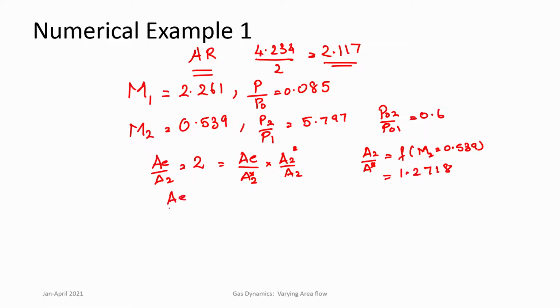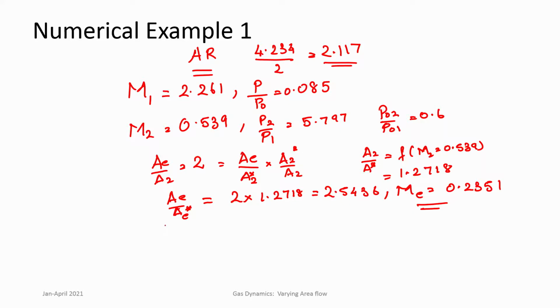So AE by AE star, which is also equal to A2 star, is now 2 multiplied by 1.2718, which is 2.5436, and for this the subsonic Mach number at exit will be 0.2351. So this is how we can calculate the exit Mach number when there is a shock sitting in the divergent portion of the convergent divergent duct.